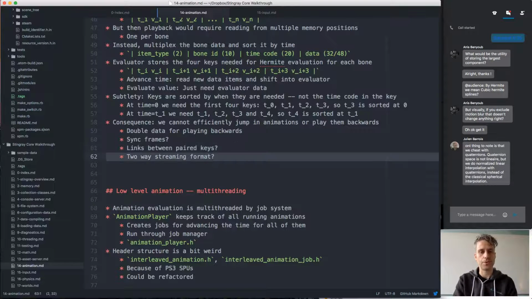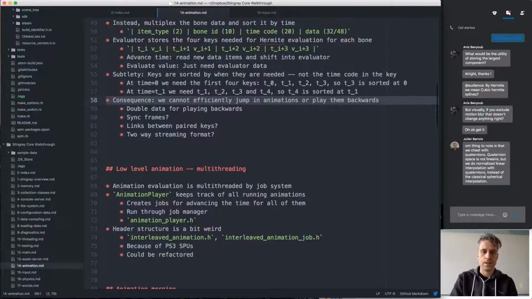Or we could try to rewrite the streaming format in a more general way to support two-way streaming, playing backwards and forwards. So those are just some random ideas for how to support backwards play, if we think that we need to do that.